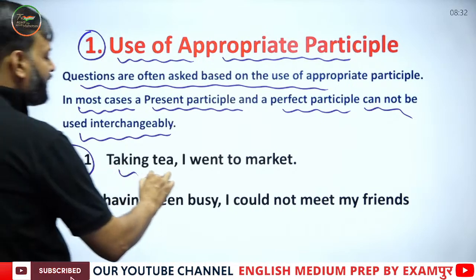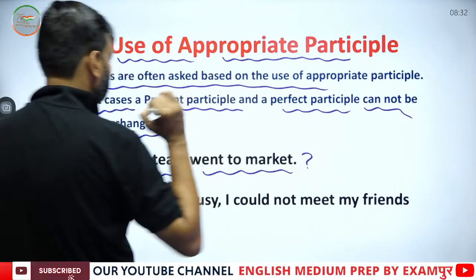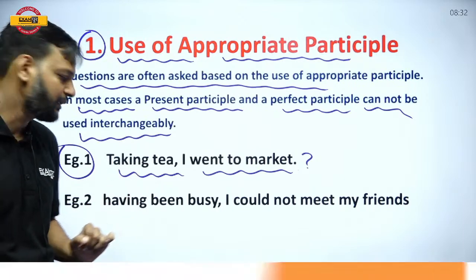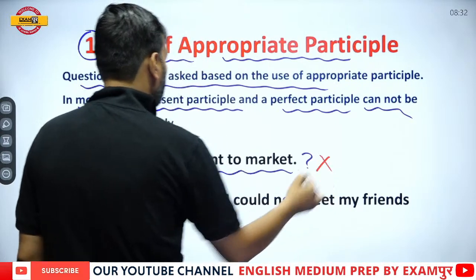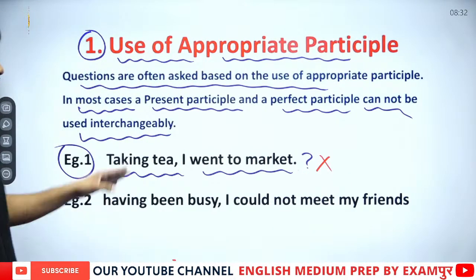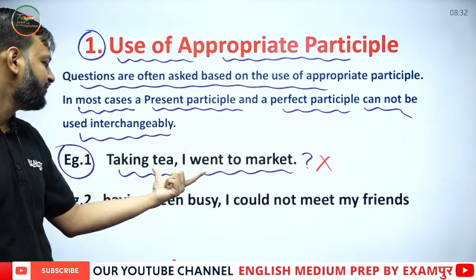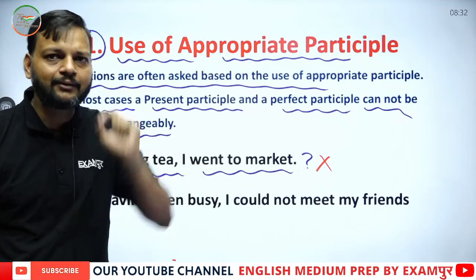Taking tea, I went to market. Is this sentence correct? No, this sentence is wrong. Why? Because present participle means both actions are simultaneous. This sentence means I am going to market while I am taking tea.